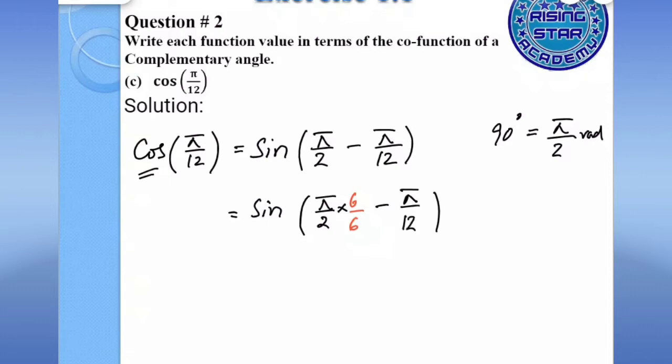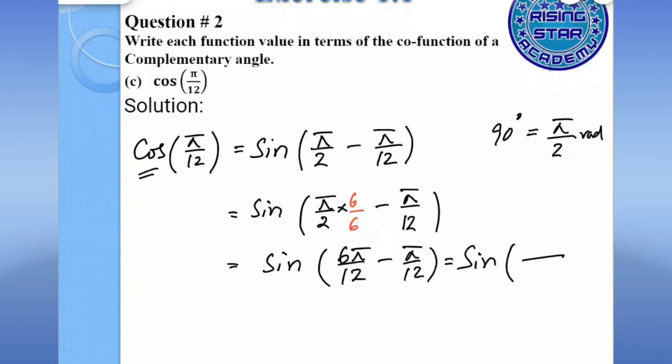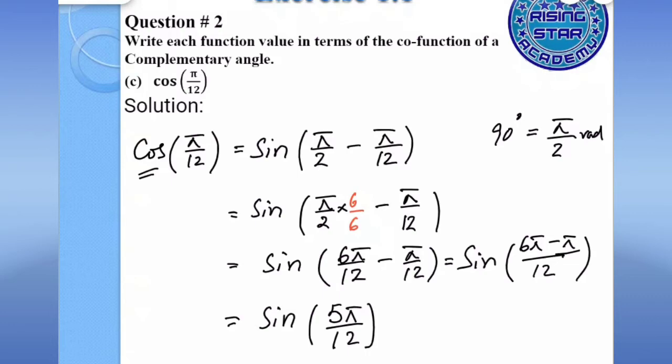The next step would be sine of 6 pi by 12 minus pi by 12. Now we'll take the LCM, that would be 12. So 6 pi minus pi would be left. So our answer is sine of 5 pi by 12.